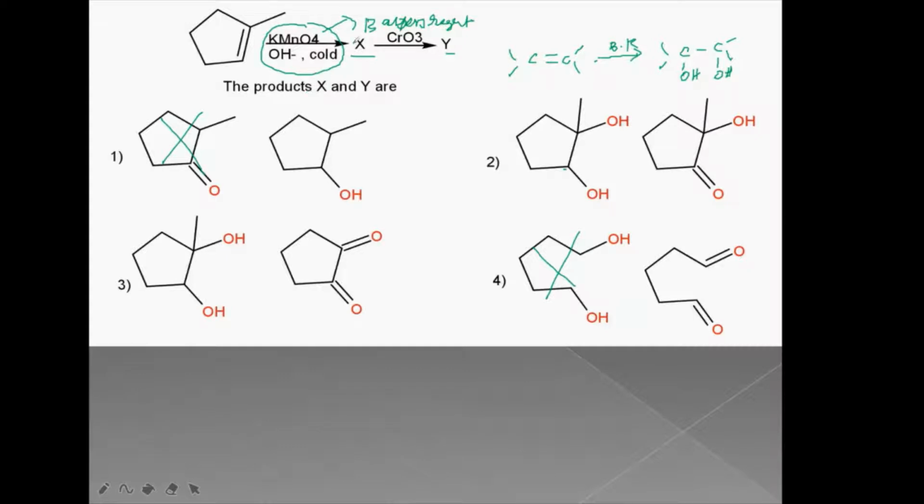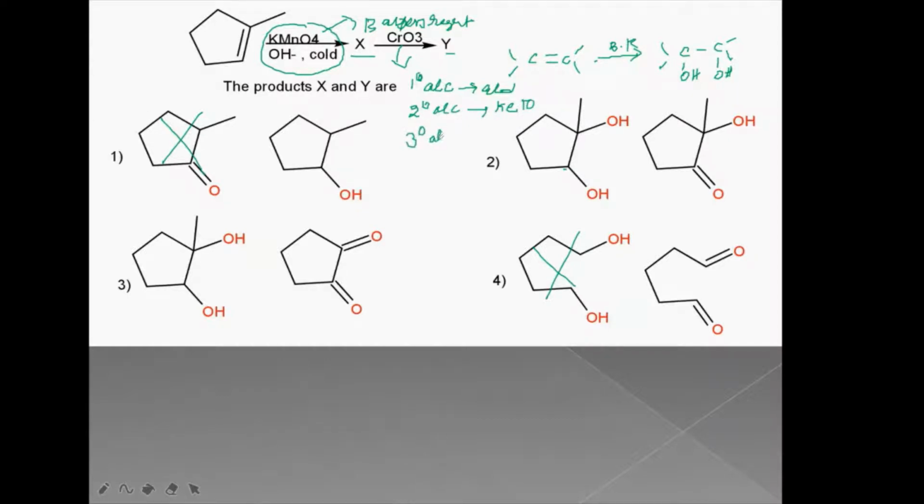Next, one more oxidizing agent is given, CrO3. CrO3 is a mild oxidizing agent which can convert primary alcohols to aldehydes and secondary alcohols to ketones. But generally, these oxidizing agents do not affect tertiary alcohols. So the tertiary alcoholic group will not be affected.